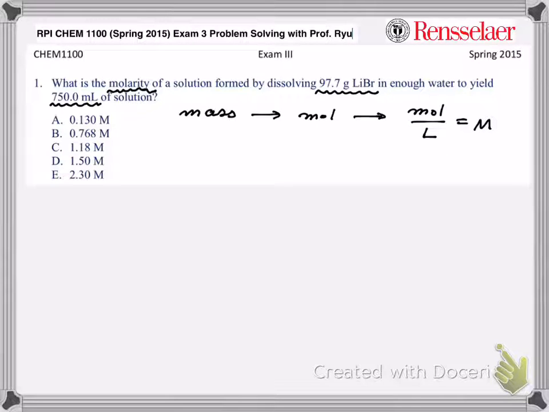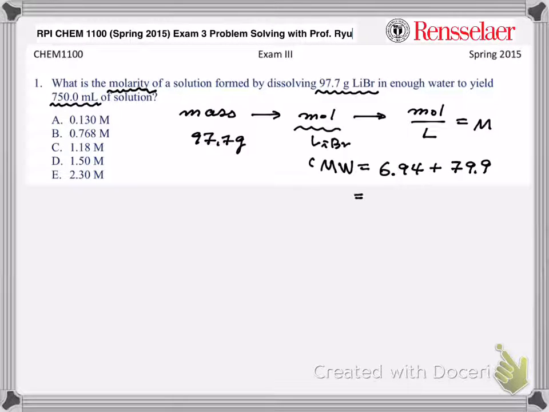So the mass here is 97.7 gram. And so what is a mole of lithium bromide here? I guess that's figuring out the molecular weight. If you're looking at the periodic table, lithium has an atomic weight of 6.94 gram per mole, and the bromine is 79.9.